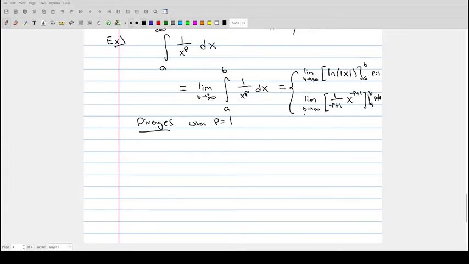And for this secondary limit right here, when p is not equal to 1, we have the limit as b goes to infinity of this expression right here, which is going to be the same thing as the limit of 1 over 1 minus p times b to the 1 minus p minus a to the 1 minus p.